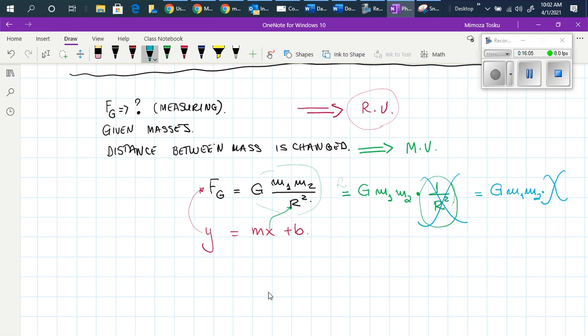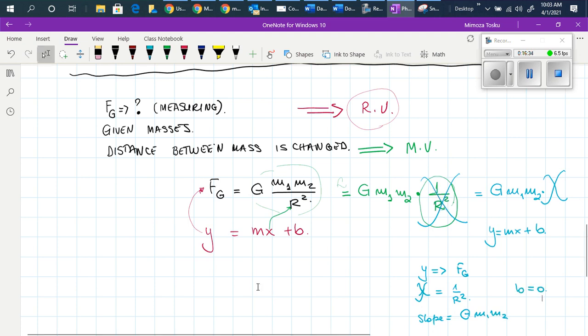So now it mirrors mx plus b, where y is the universal force of gravity, my new x is 1 over r squared, the slope is capital G m1 m2, and the y-intercept is equal to 0.